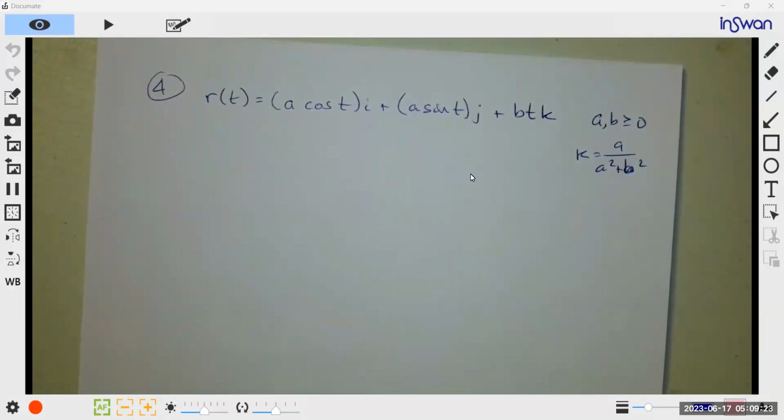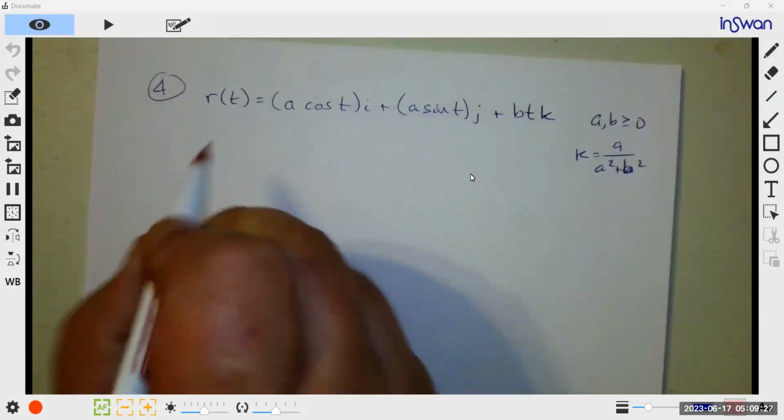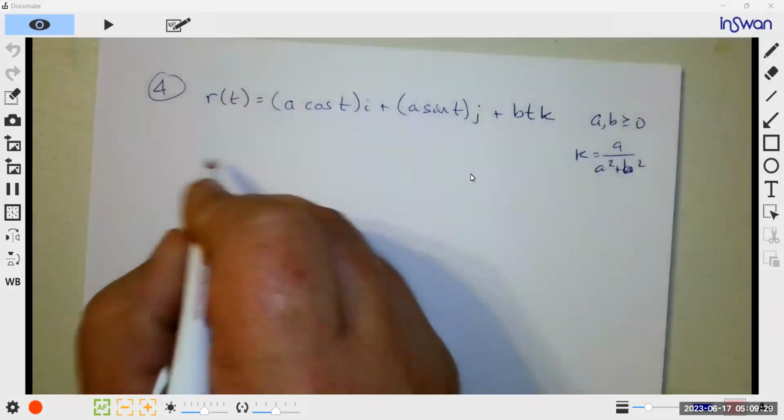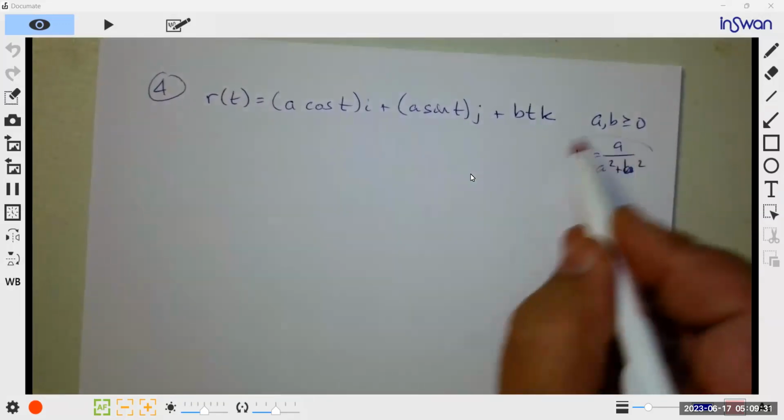Well, let's work this out slowly then. Actually, since we know what k is, let's go ahead and make sure k is actually that.